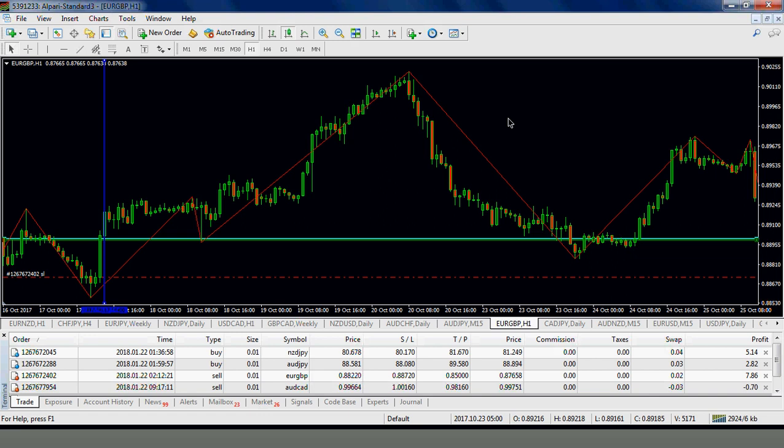Now, if you want to add some more pairs to Euro USD, let's say you want to trade 3 currency pairs: Euro USD, GBP USD, and USD JPY. Now you have to split the $25 into the 3 pairs. Let's say the risk you are taking on each pair is 50 pips.